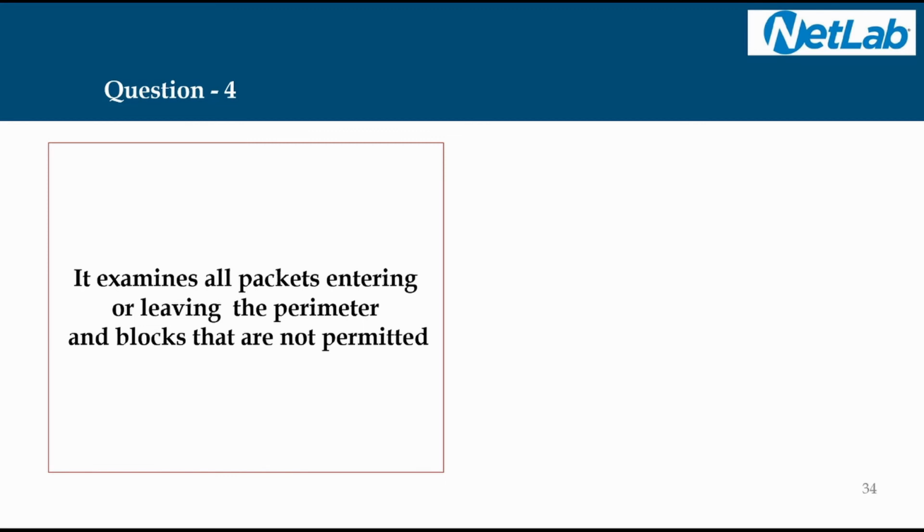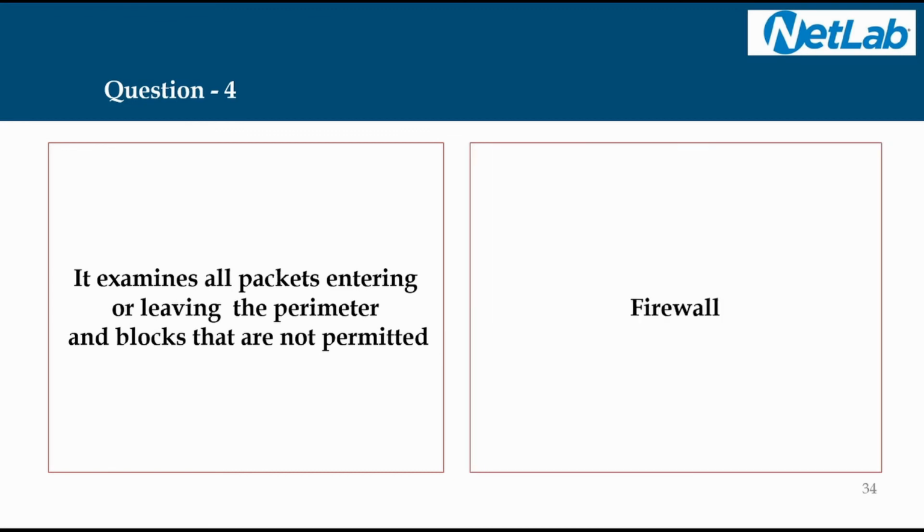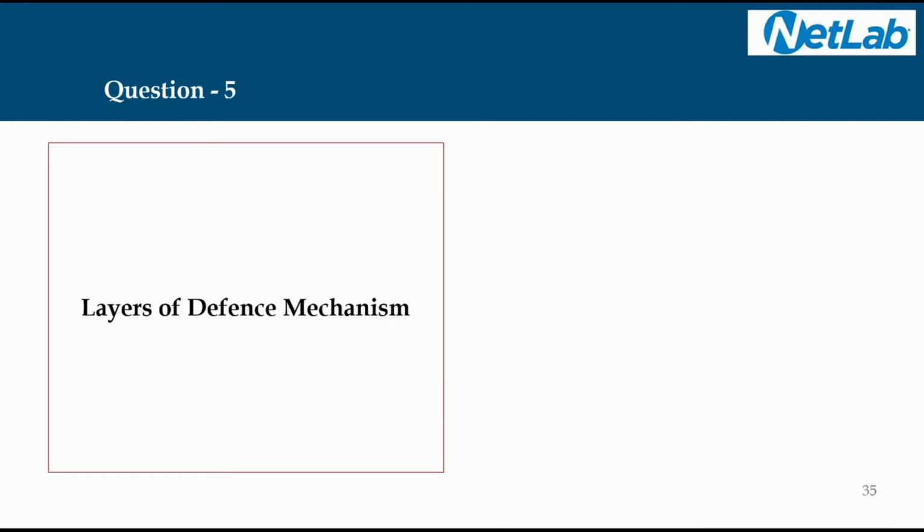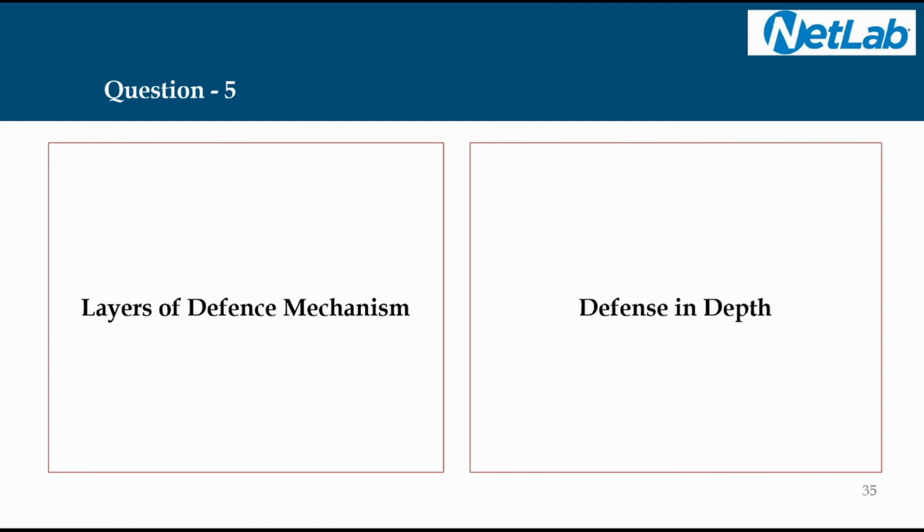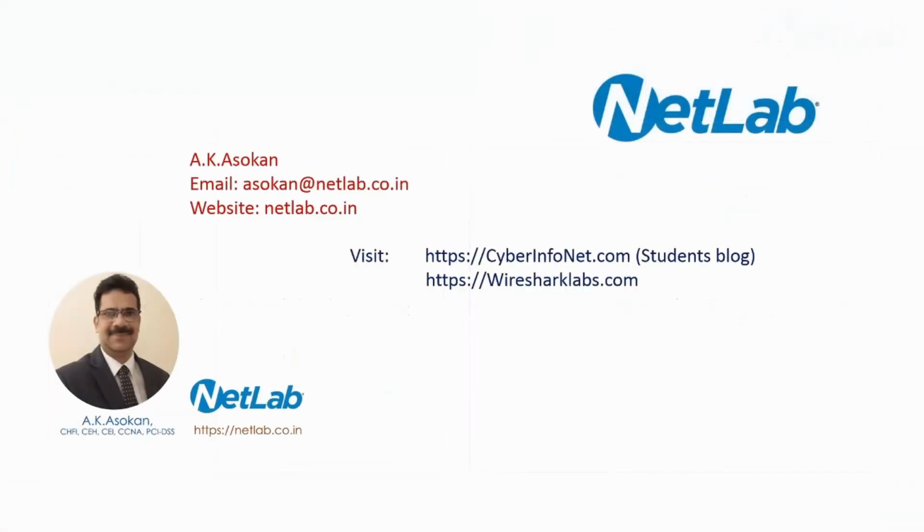What is that device? It's a firewall. Question number 5. The layers of defense mechanism is known as defense in depth. Thank you for watching. Let's move on to module 2.